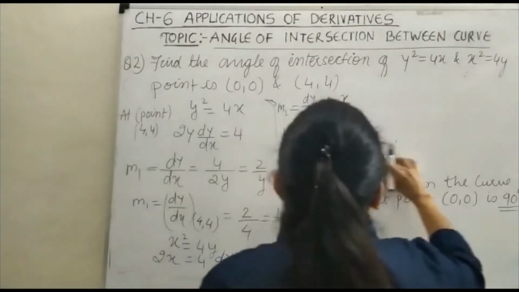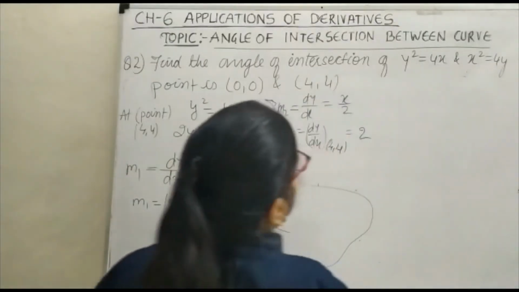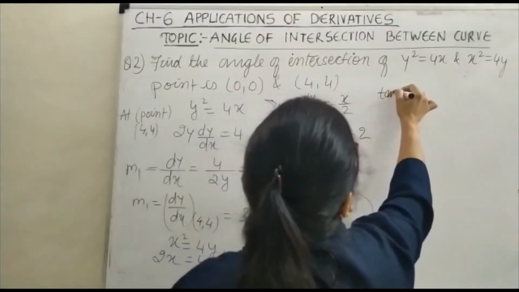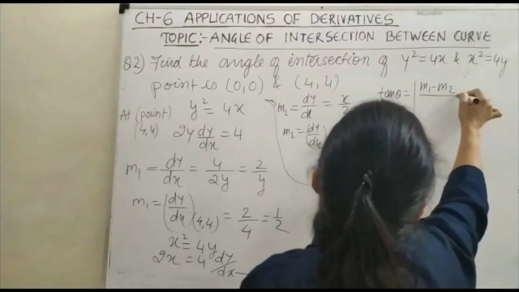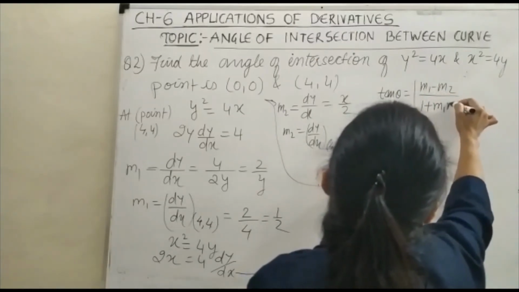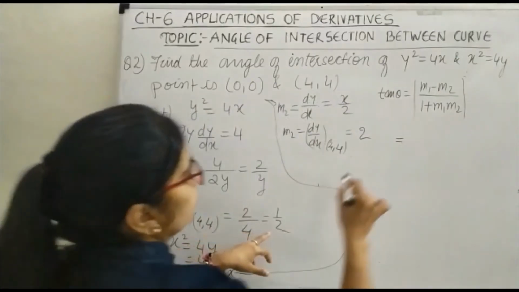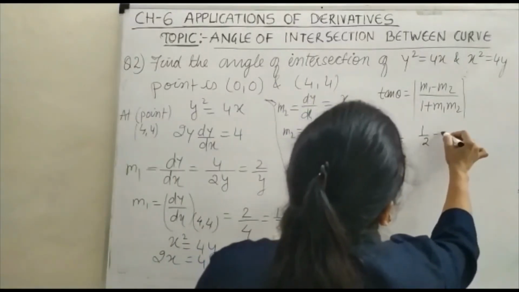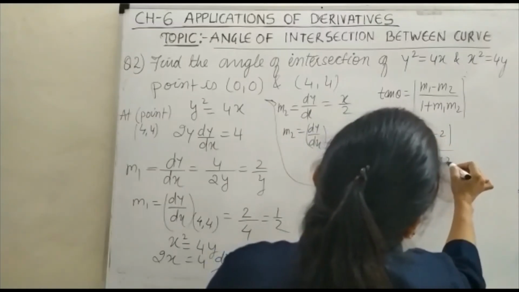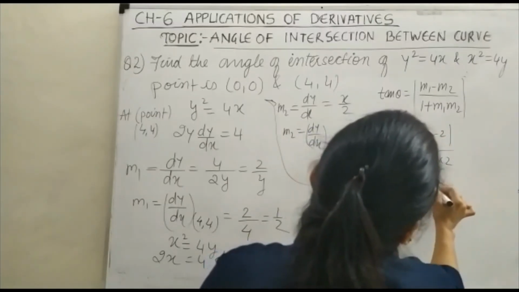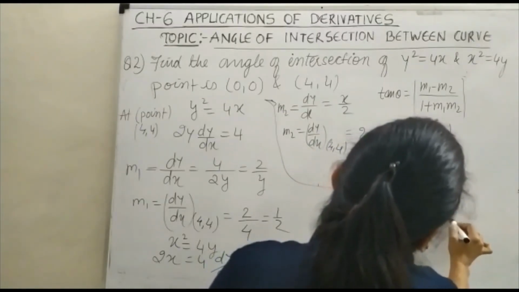Now you will work out the angle with the help of the formula which we have already seen: tan theta is equal to (m1 minus m2) upon (1 plus m1 m2). Here m1 is half, so half minus 2 upon 1 plus half into 2, and this is equal to minus 3 by 2 upon 2, and this is equal to 3 upon 4.